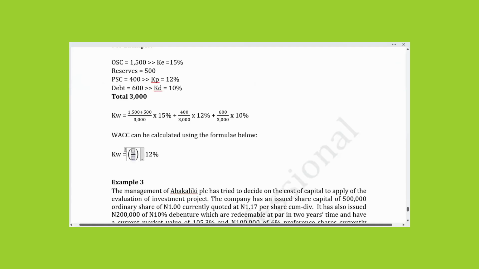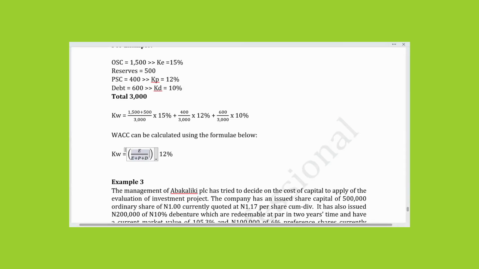Put it here. Better. So the formula that you can use to calculate your WACC will be equity value all over equity plus preference share, value of preference share plus value of debt, multiplied by cost of equity.